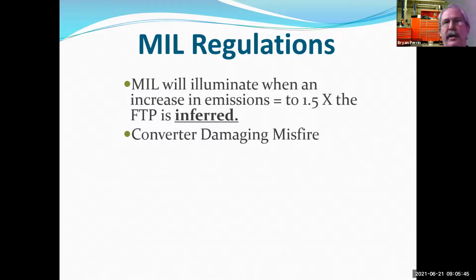But if it's just flashing all the time, you should not drive the vehicle, because a catalytic converter can melt down in a very short period of time. I'm talking a mile, 2 miles. They say damage can happen in as little as 12 seconds.